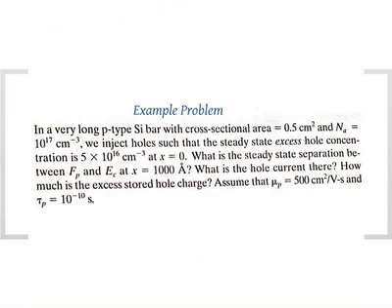So let's look at a very simple problem, and I want you all to kind of work it out yourself. So let's think about this for a second. In a very long p-type silicon bar, so it's infinitely long, with a cross-sectional area of half a centimeter squared, the acceptor concentration is 10 raised to 17 per centimeter cube. We inject holes such that the steady state excess hole concentration is 5 times 10 raised to 16 per centimeter cube.